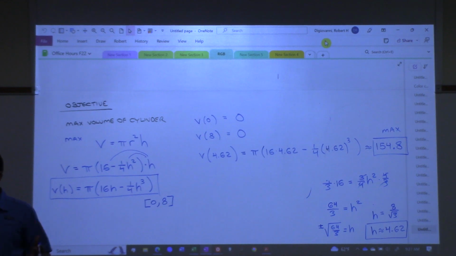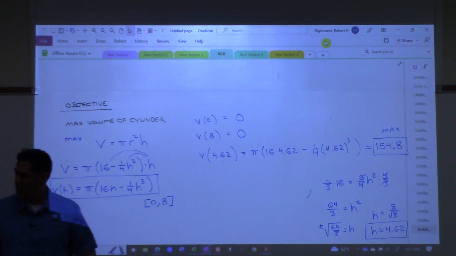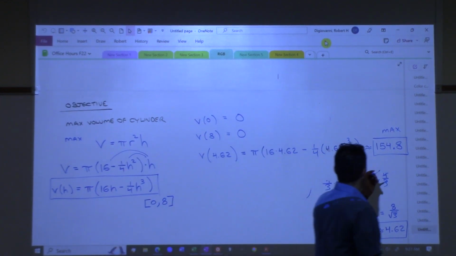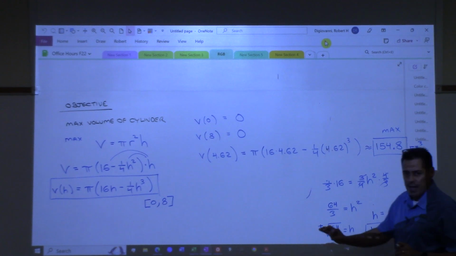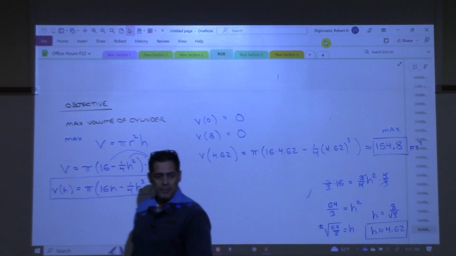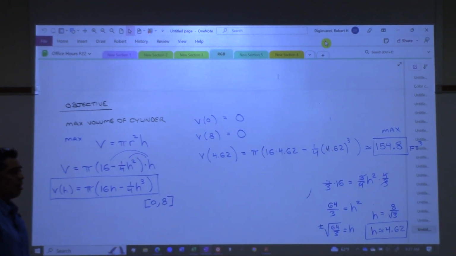We would say this feet cubed, right? If it was an area, you would say feet squared. If it was a length, you would just say feet. All right, so the largest volume we could possibly get is 154.8 cubic feet.